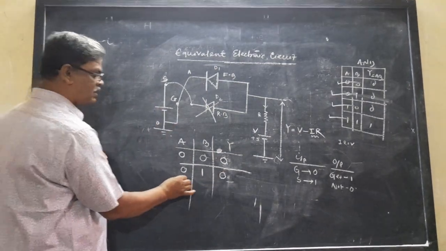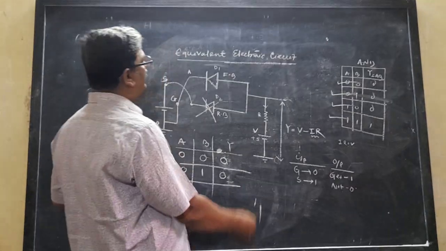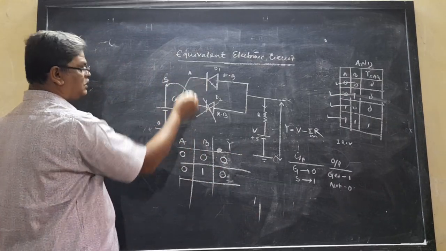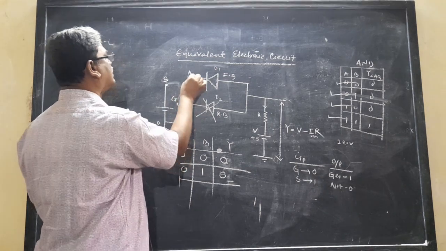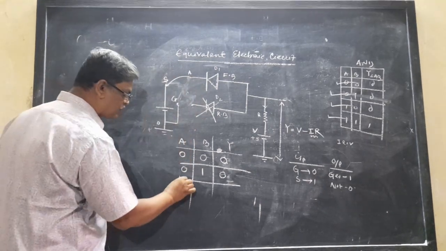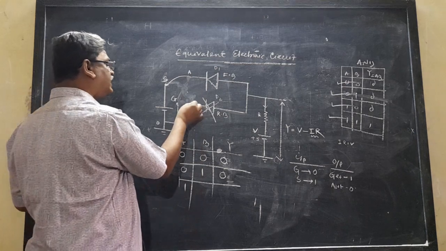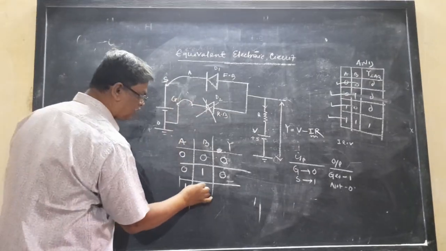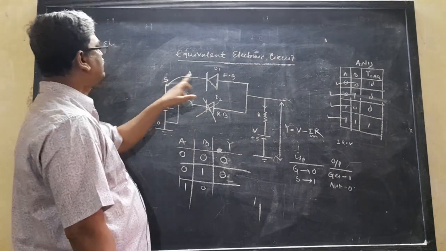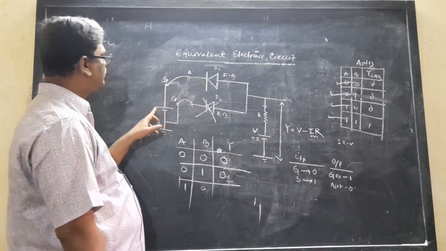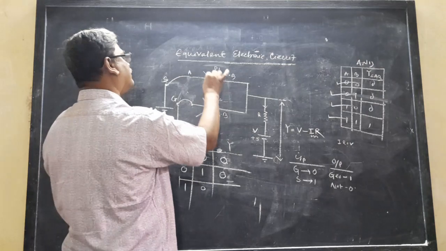Then third case, see. If A is connected to S, A is connected to S 1, B is connected to 0. When A is connected to S, this N is connected to the positive. This is the reverse bias.